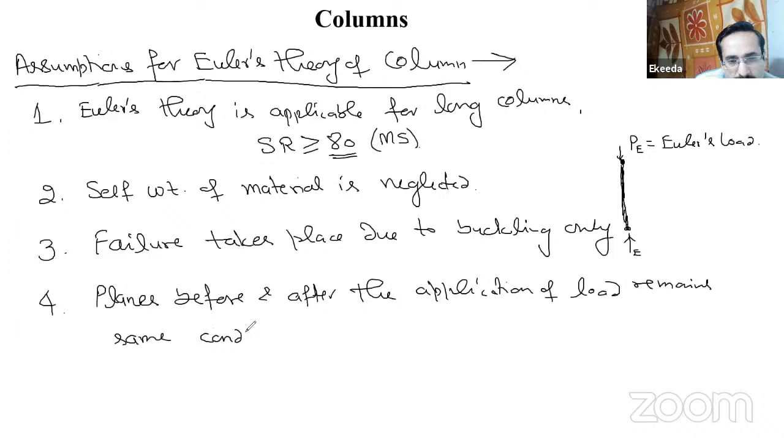So these are some assumptions while deriving Euler's theory of columns.